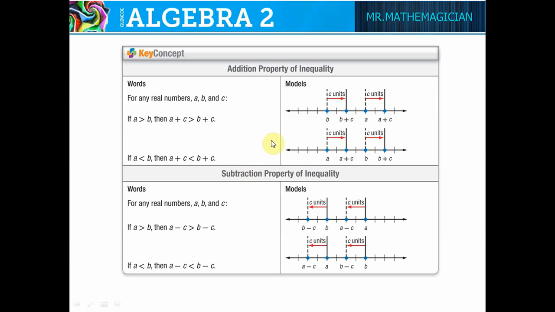So, a summary of the properties of addition and subtraction: you can add or subtract the same amount from both sides of an inequality, whether it's greater than, smaller than, greater than or equal, smaller than or equal, and so on.